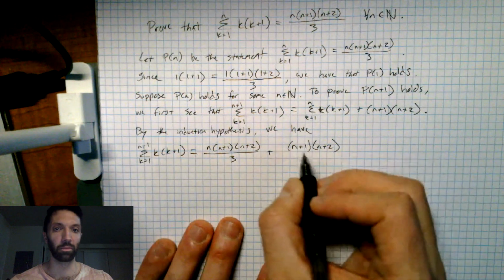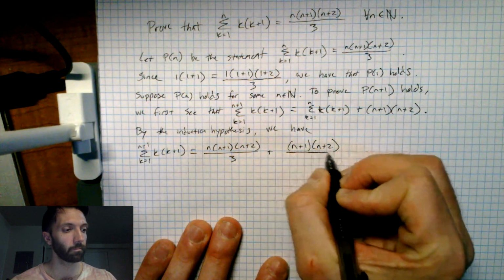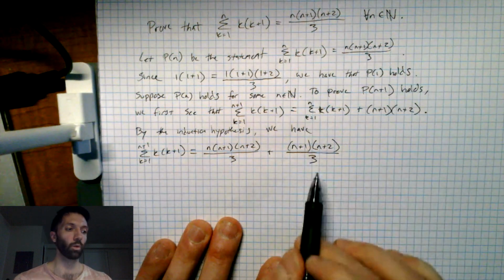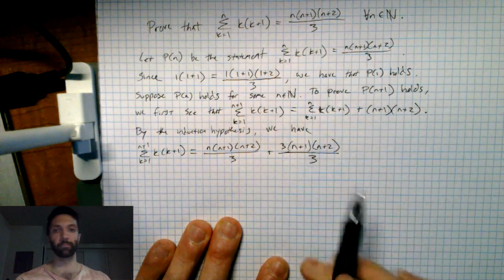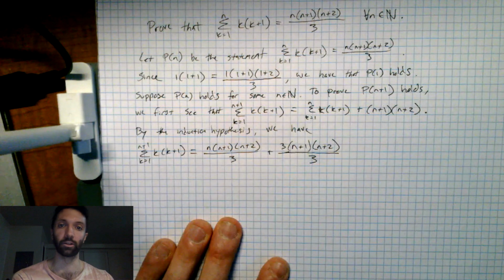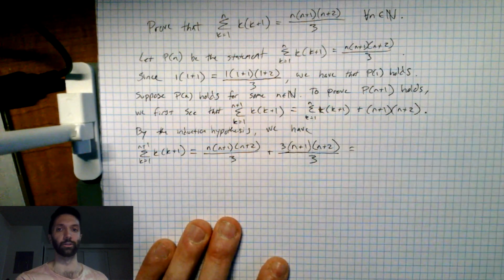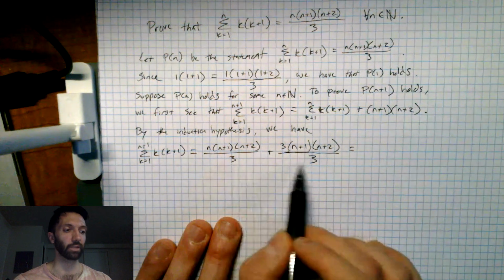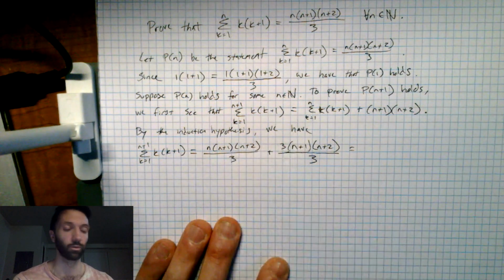And so I'm going to put all of this over 3. And if I want to do that, I also need to multiply the numerator by 3, right? Because 3 divided by 3 is 1, and so I haven't actually changed the value of that expression. And now what this will allow me to do is, since I've common denominators, I could put all of these numerators into one single numerator.